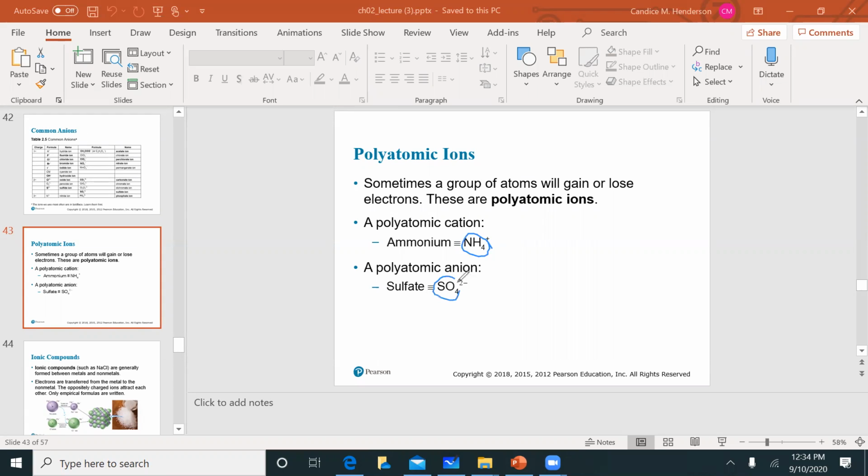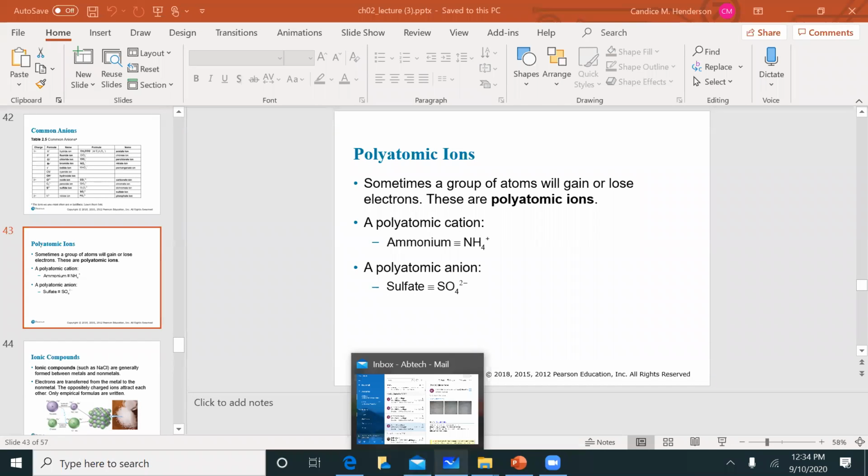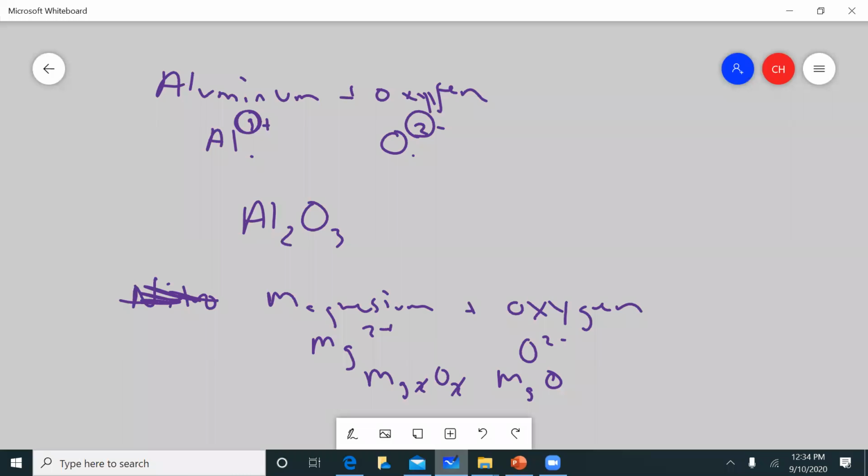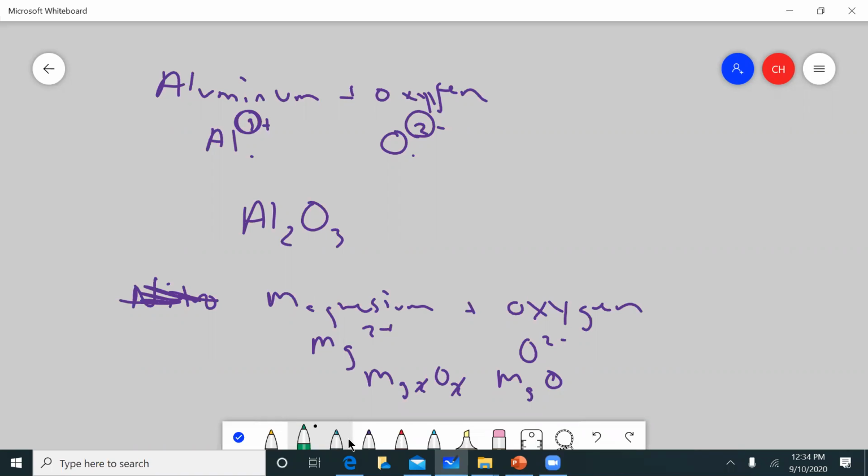In this case, this whole SO4 packet of atoms has this 2- charge. So the charge is included throughout the entire molecule. Okay, I'm going to give you some things to write a formula for.